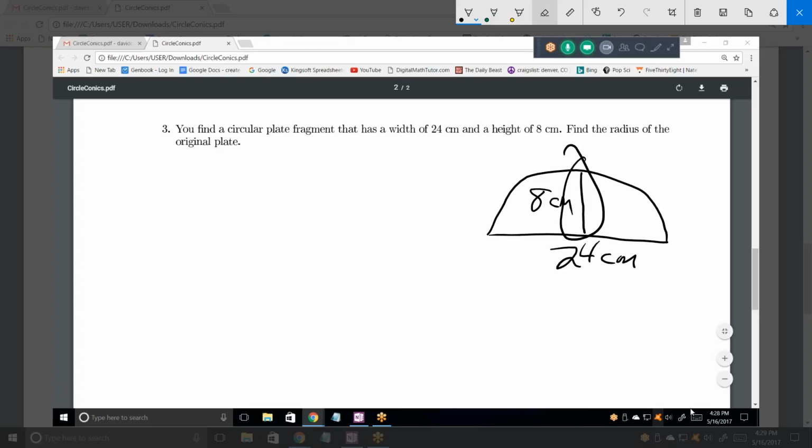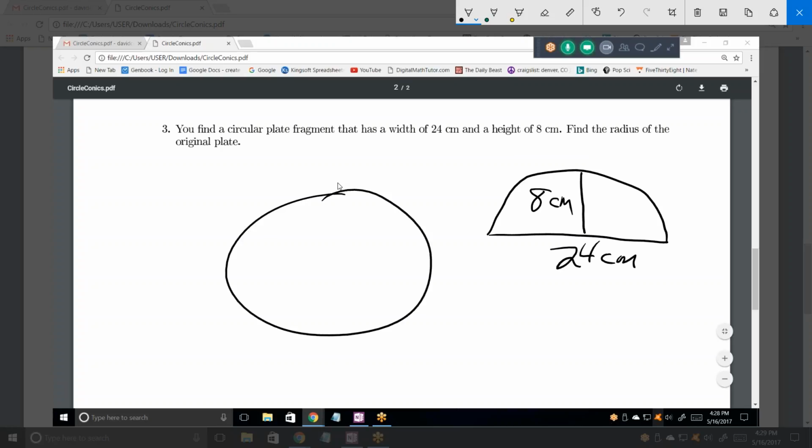Something is funky about this problem. They need to draw a picture to show us what this circular plate fragment is. If I just draw a whole circle, that's not a plate fragment, that's a plate. So it's hard to tell what they're talking about.